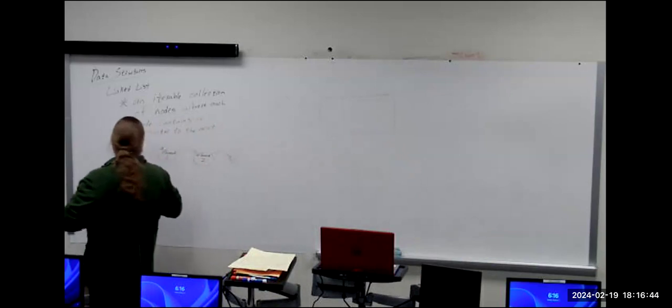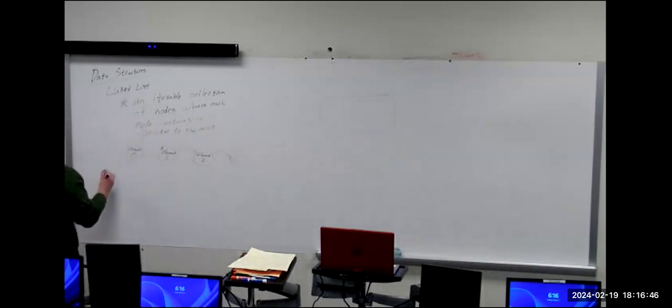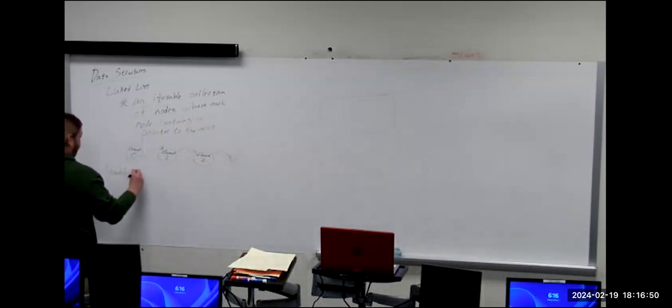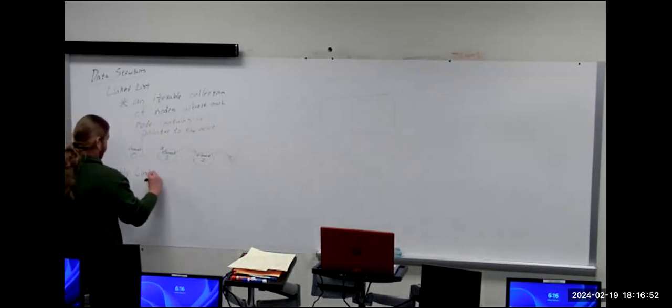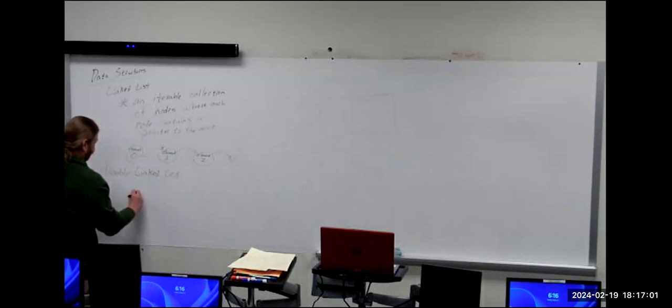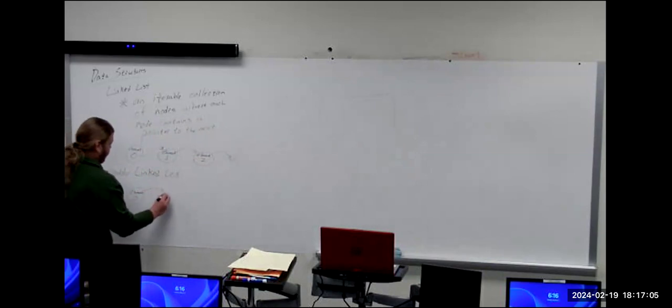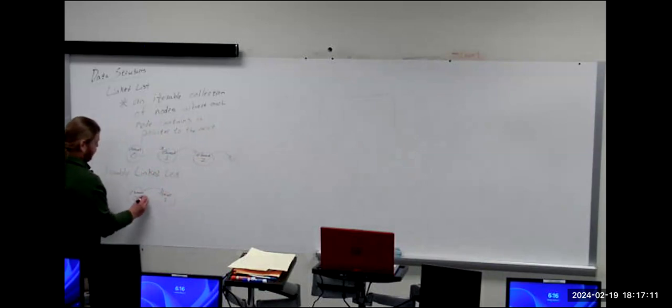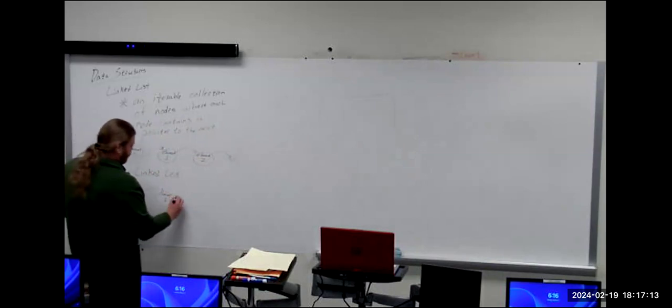It's also pretty common to have a doubly linked list, which has pointers going both ways. So we'll have element 0 pointing at element 1. But element 1 also points back at element 0.